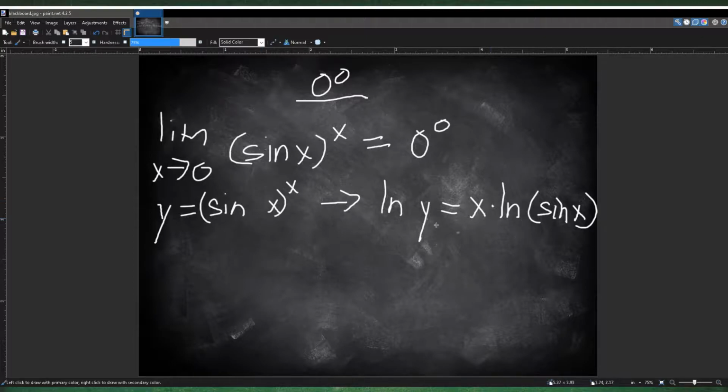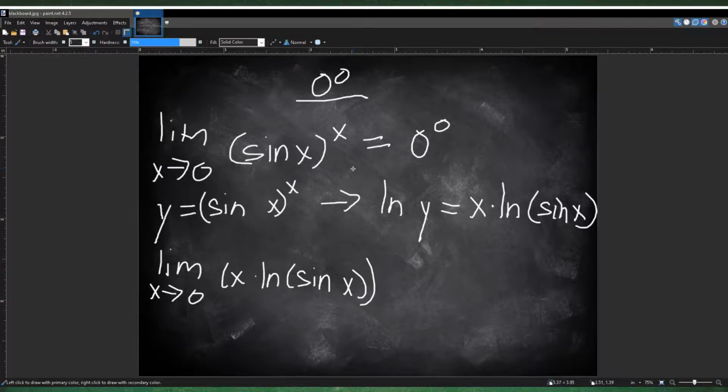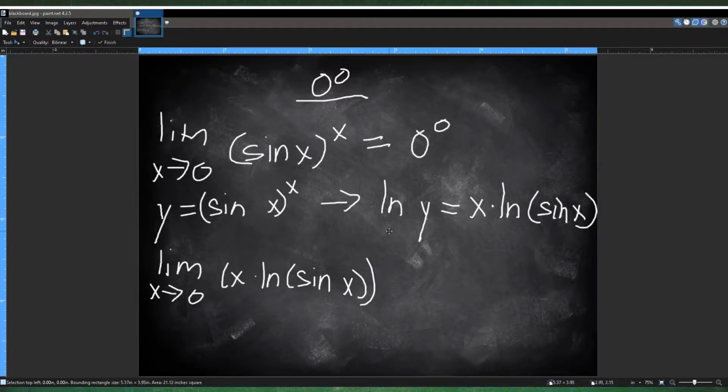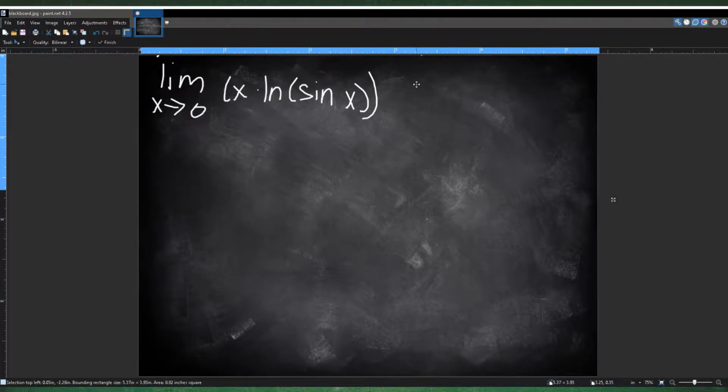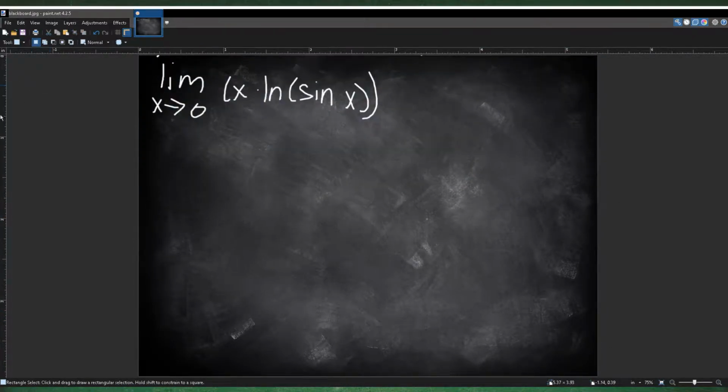Is this indeterminate? Well, we have the limit as x approaches 0 of ln of y, which is just x times ln of sine of x. Let's move this up to get a little bit more room.